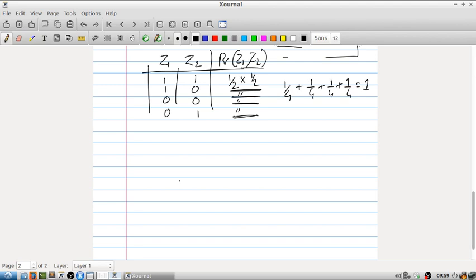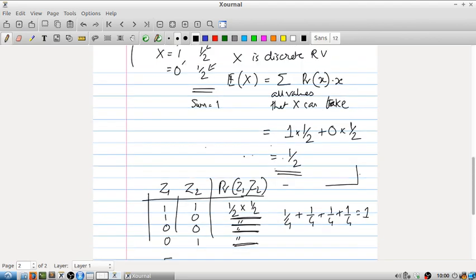this nice trick. Let me just write the trick. I've not written it in the notes, but it concerns expectation.